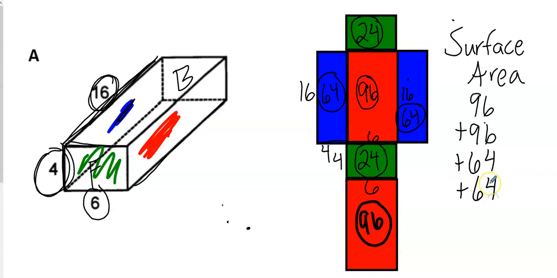And then finally, we are going to go to our front and our back. So our front and our back would be 24 and 24. And if we add all of those up using a calculator, so go ahead and add those up right now.